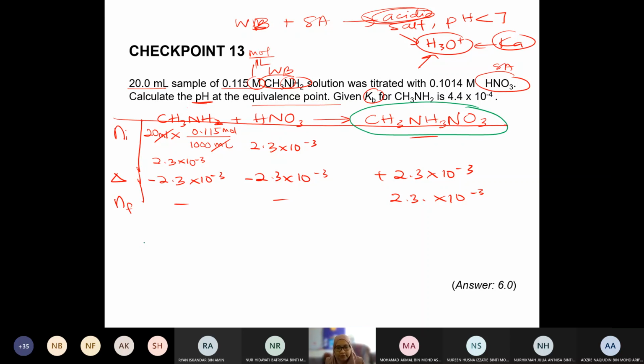Alright, so first thing first, kita kena ada the concentration of the salt. Okay, so this is the mole only guys. Okay, ini mole, kena aware ini mole, bukan concentration. What we want is the concentration. Okay, sebab kita nak masuk dalam salt dissociation nanti and salt hydrolysis. Okay, so let's find out the concentration of the salt.